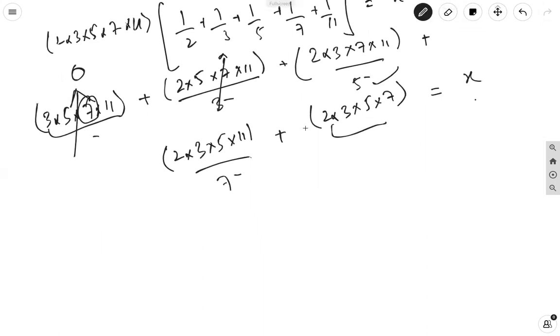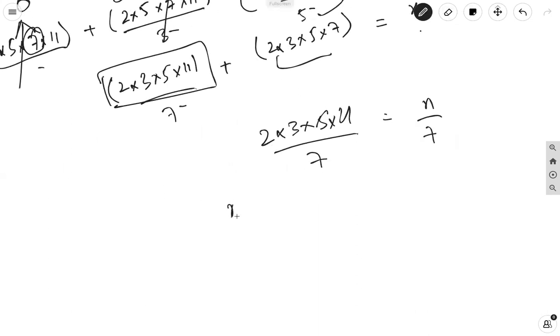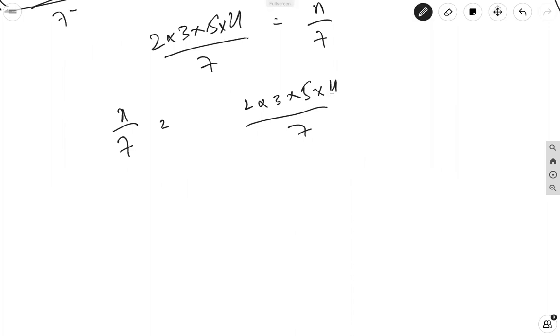We are just left with this case, right? 2 into 3 into 5 into 11 divided by 7 is equal to x by 7, because we are dividing by 7 on both sides. Now x by 7 is equal to 2 into 3 into 5 into 11 over 7. You can solve it whichever way you like, but I will just solve with the property I used earlier. Because there's 11, we can write 11 as 7 plus 4, right?